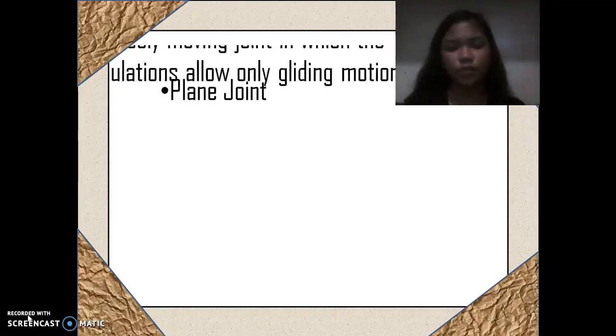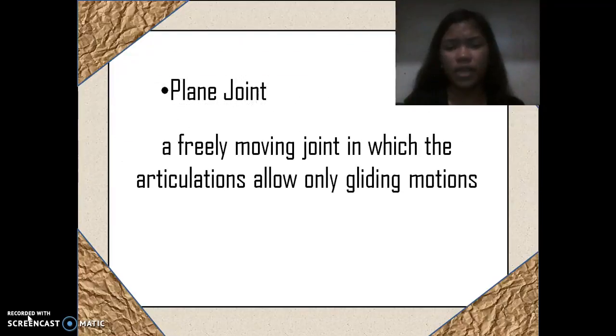Plain joint. Plain joint is a freely moving joint in which the articulations allow only gliding motions. A plain joint is a synovial joint which under physiological conditions allows only gliding movements.